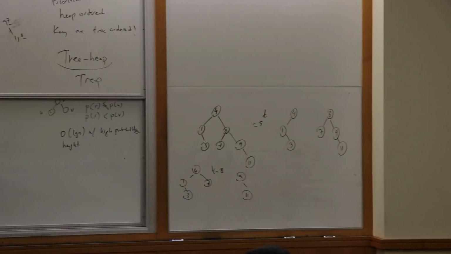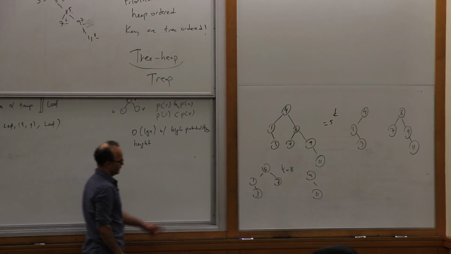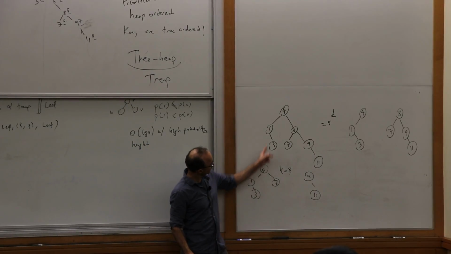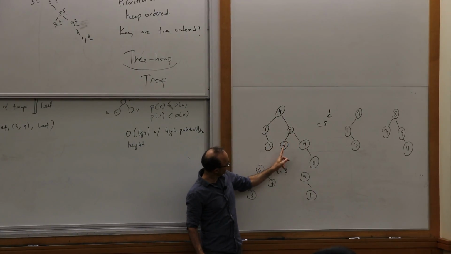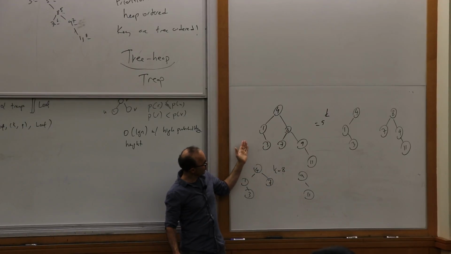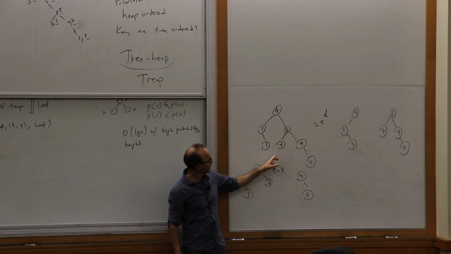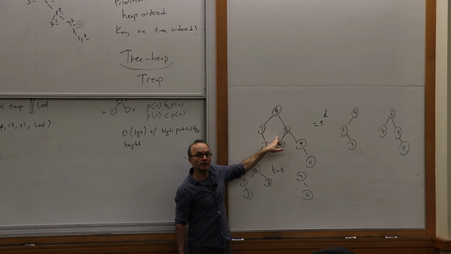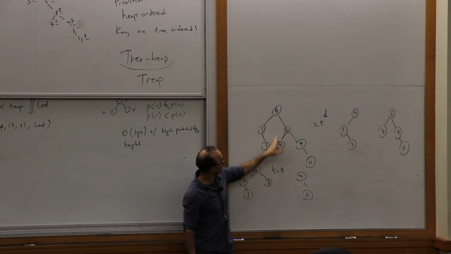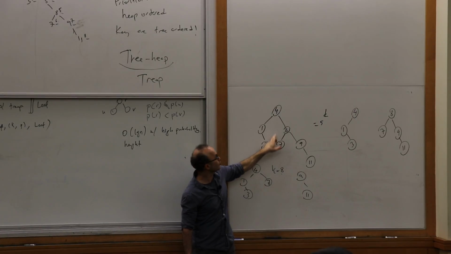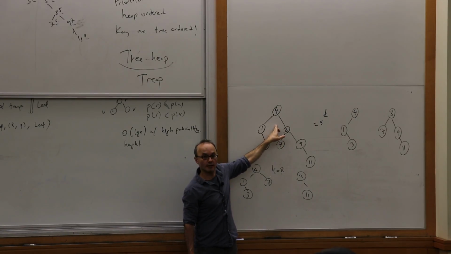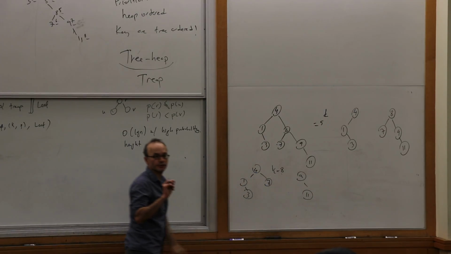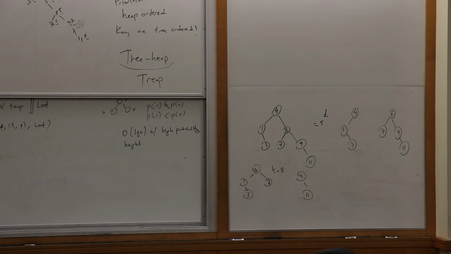Something interesting happened here. If we split at 8, 7 is going to need to go into this tree. Where should it go? It should go right under 4 because its priority is greater than 4 in this subtree, so it's going to go right under 4. It should be clear, convince yourself of this.